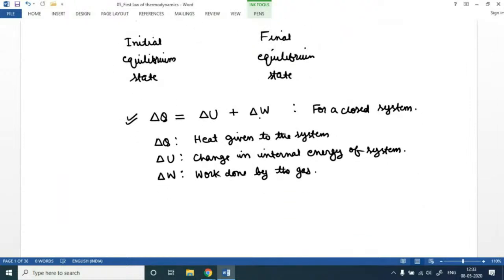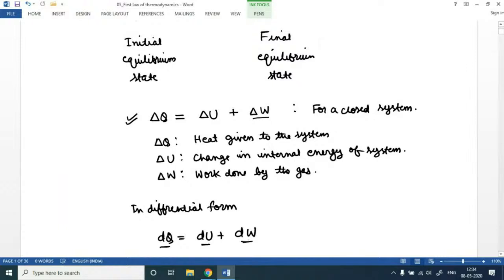Alternatively, you can write delta W is equal to delta Q minus delta U. In differential form, this law can be stated as dQ is equal to dU plus dW. dQ is the infinitesimal heat added to the system, dU is the infinitesimal change in internal energy, and dW is the small work done by the gas.